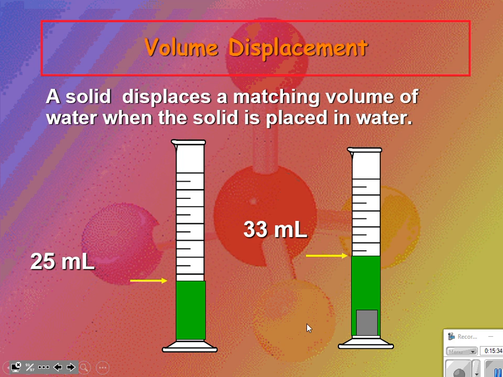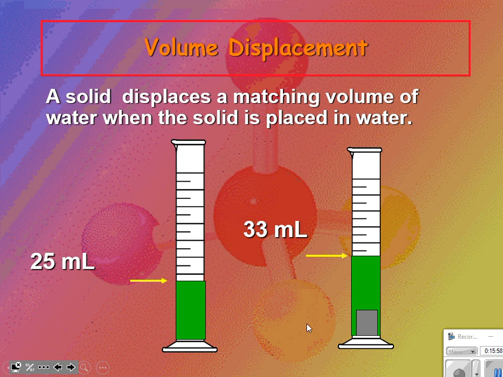Rachel? If we had a ball, I mean, we could find the volume of a sphere, but yeah, if you had a ball. Okay, Corey? If we had an irregular figure, what if I had a rock? Is a rock able to be measured? I mean, we could measure it, but our volume's not going to be very accurate.